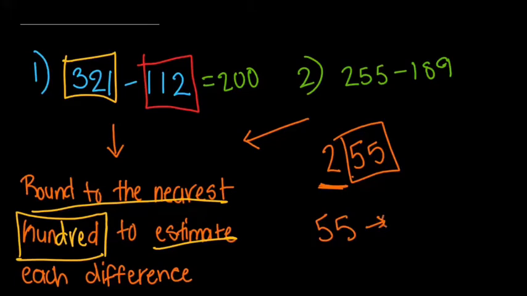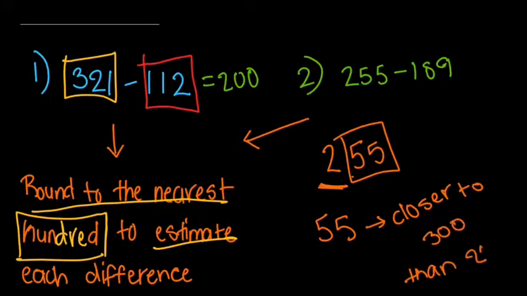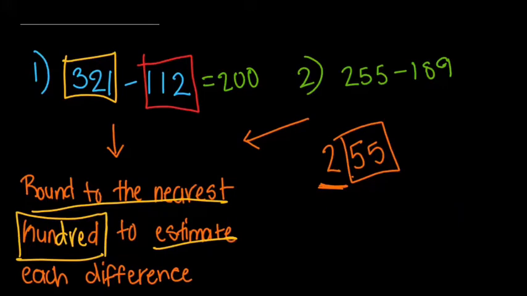That basically means these two become 0, and this changes into a 3, because 55 is closer to 300. So when we round it, our first number becomes 300.